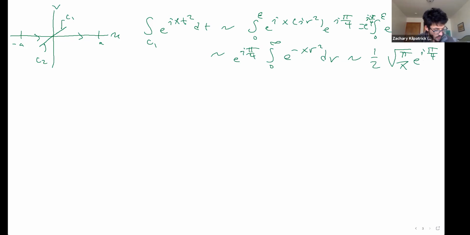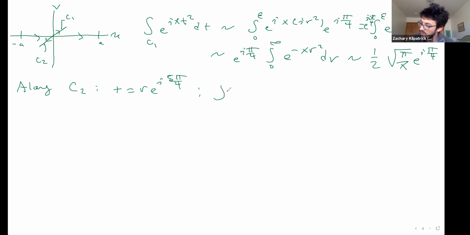Now we can do something similar along C2, which is the other half of our steepest descent curve. So along C2, we would have t equal to R e to the I 5 pi over 4, because it's along this direction now.